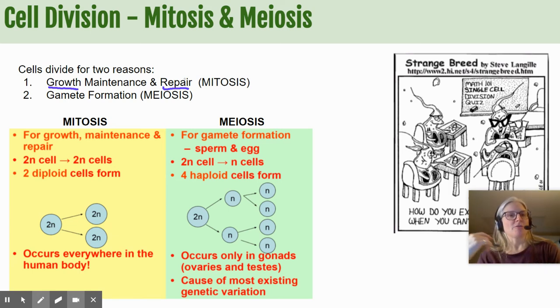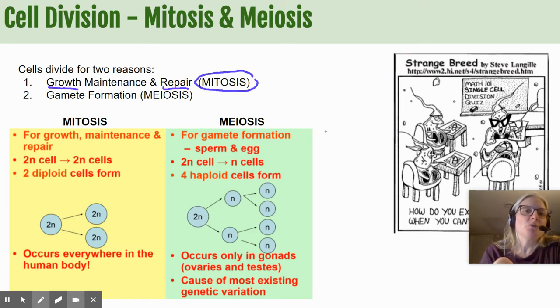If you're young, you're growing older, your skin is constantly shedding cells. So that's one of the reasons our cells are going to divide. And when they do that, they're going through a process of mitosis. Okay. The other reason cells divide is to form gametes. And gametes are your sperm and your egg cells. Sperm and egg. Okay. And that process to form those is meiosis.